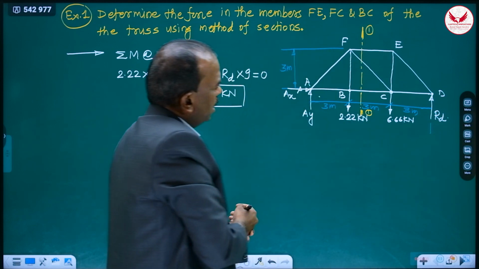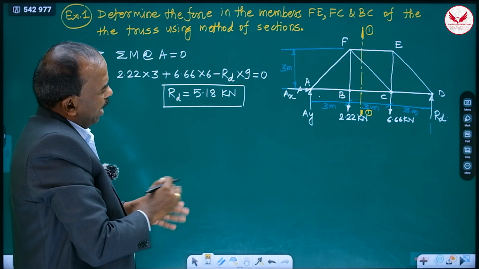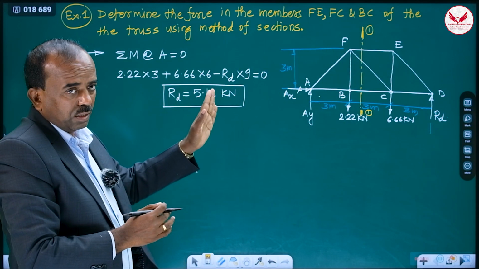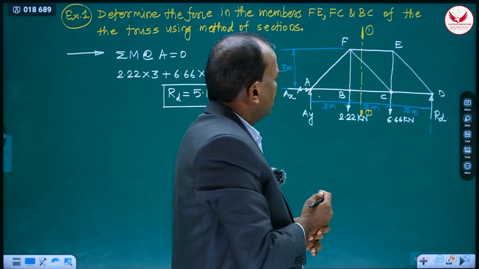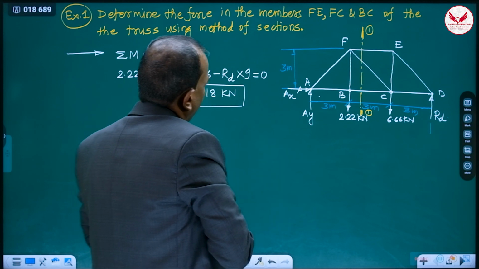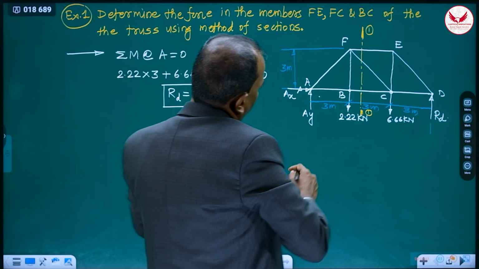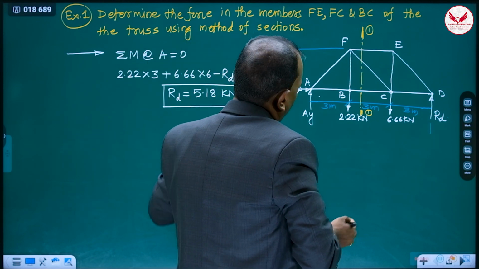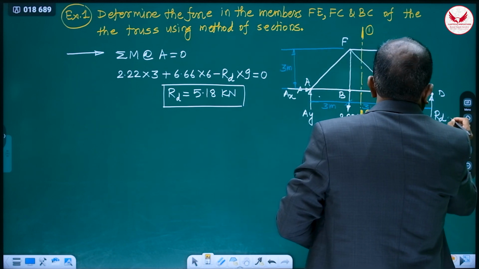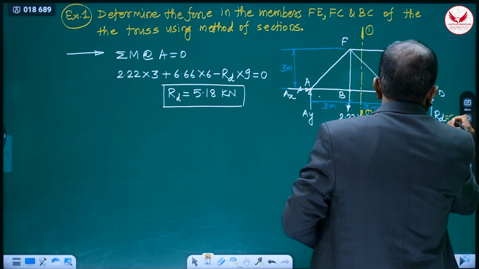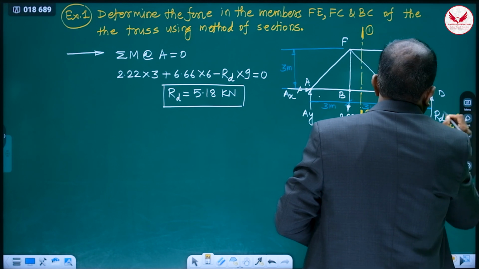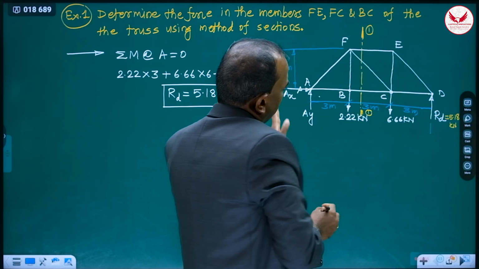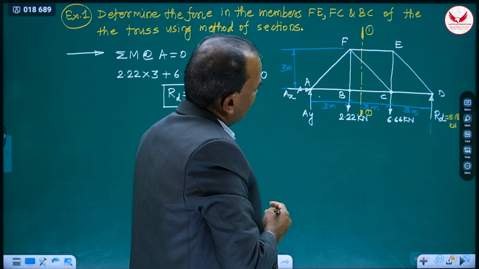Means this truss is cut by a cutting plane 1-1, and because of this it will be divided into completely 2 parts. Then we have to consider the portion which is known, where RD is known. Now you can write RD is equal to 5.18 kilonewton. So this is the force. Means we are going to consider RHS.